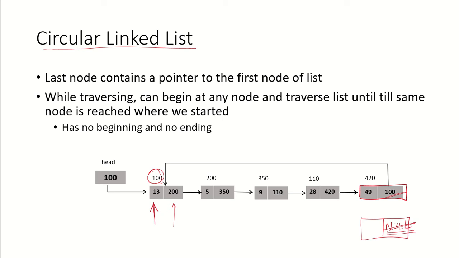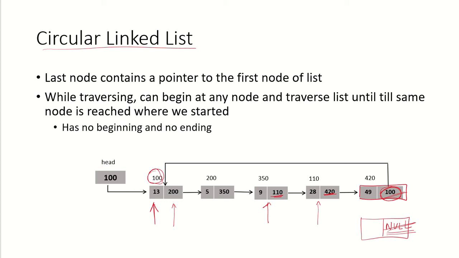So if the first node is at address 100, we will have 100 over here and it will start pointing to the first node. In this, even if we begin at any node, we can traverse the whole list. So if we begin over here, we can go to the next node at address 110. So we go to this node.